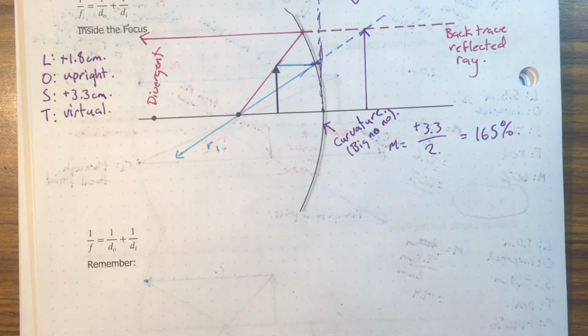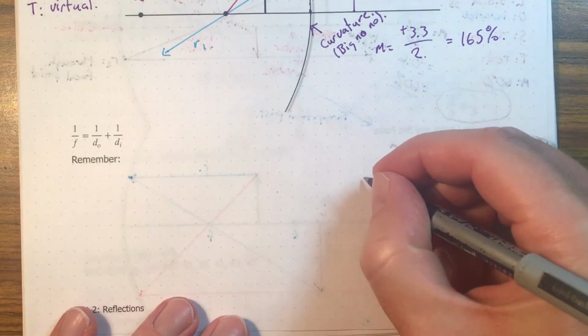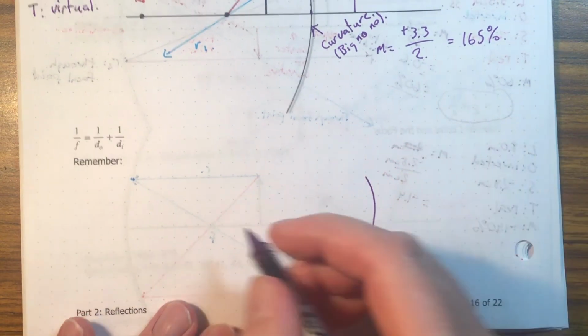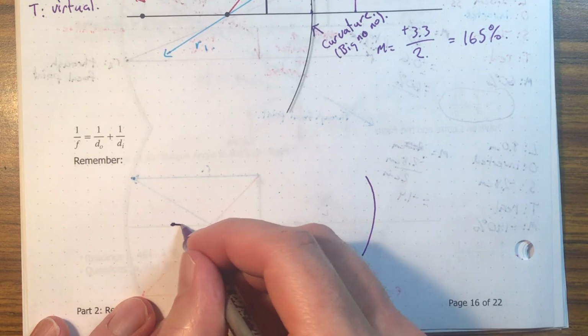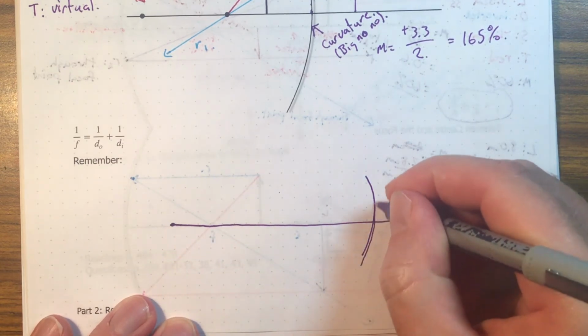Okay. So remember, on a concave mirror, we're going to write a few things down here. It's a terrible concave mirror.